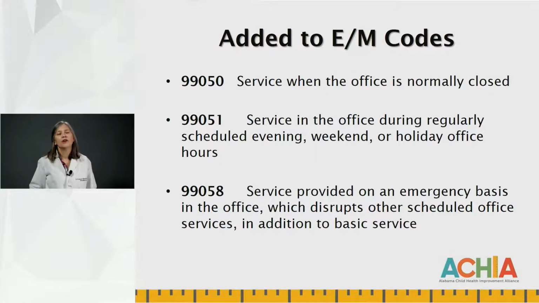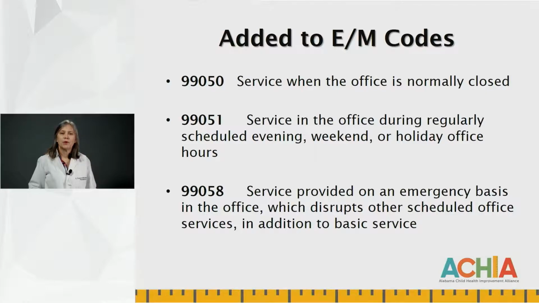Now there are some additional codes that may be of benefit. The 99050, that's the service that's provided when your office is typically closed. Think about that as when the office is closed and the physician is unlocking the doors to let the patient in. There's also a more commonly used 99051. That's services provided in the office after normal hours.